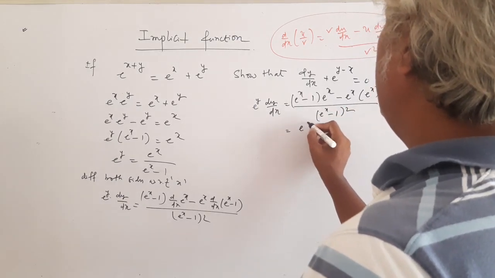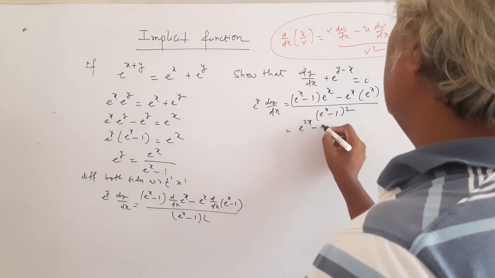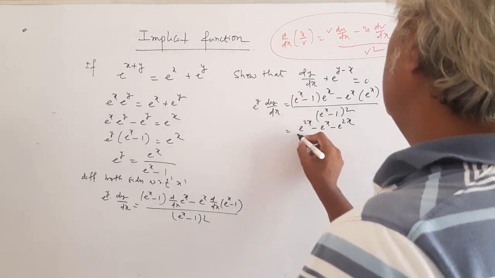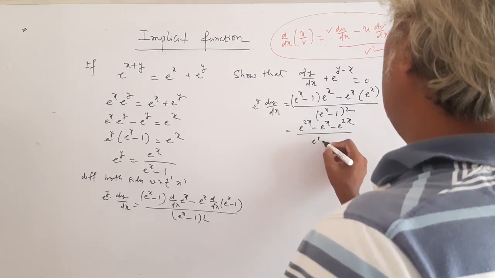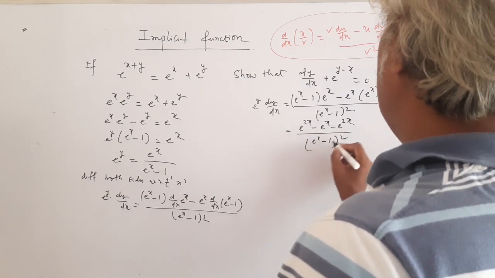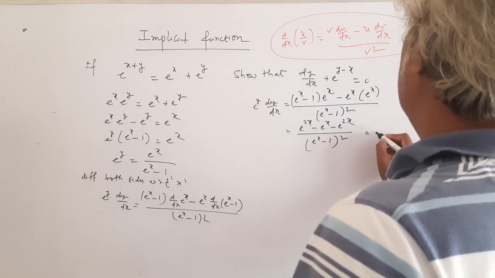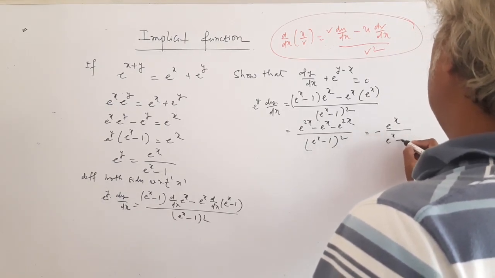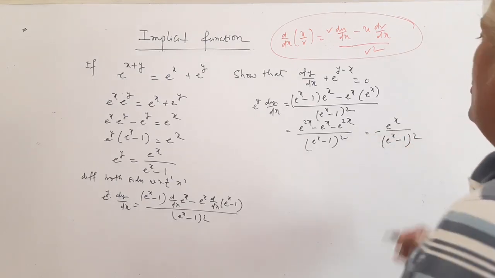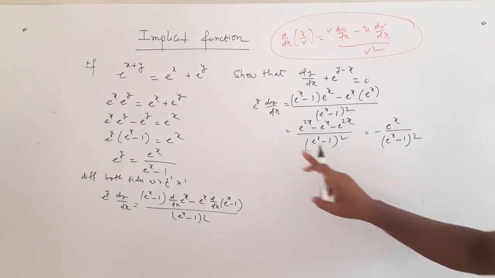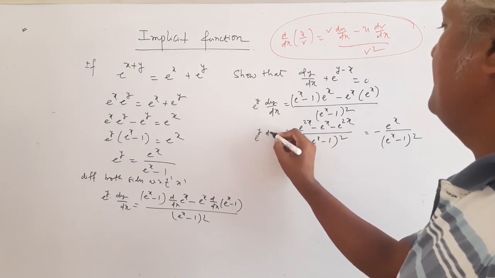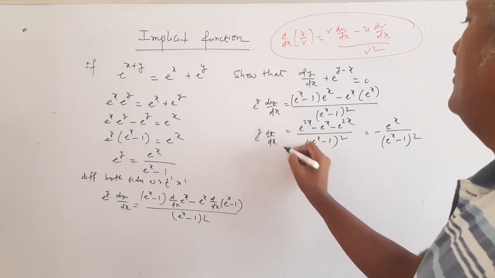So you can write e^2x minus e^x minus e^2x upon (e^x minus 1) whole square. So this becomes minus e^x upon (e^x minus 1) whole square, and this is e^y dy over dx.